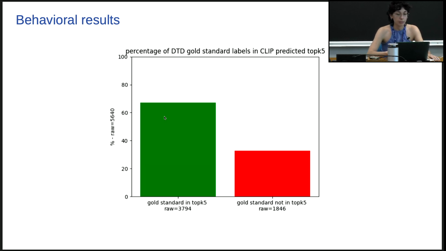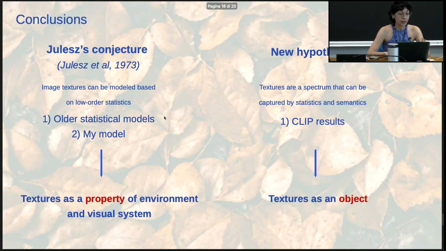Which brought me to basically explore the idea that textures are not only a statistical property of the visual scenes or of the visual system, but they are instead an entity that can be captured by semantics. And in particular, I have this new hypothesis where textures lie on a spectrum, going from those more pixel-looking images to object-like images.